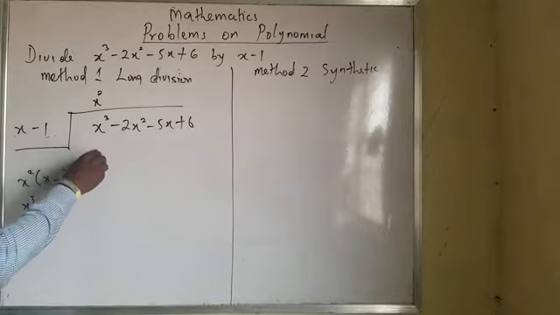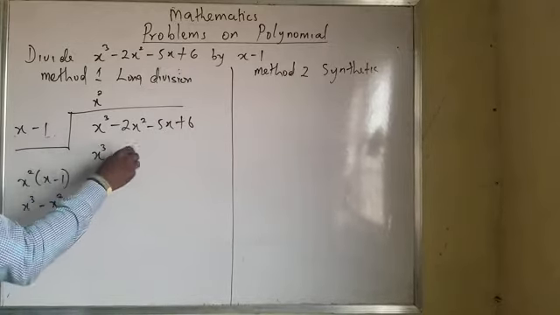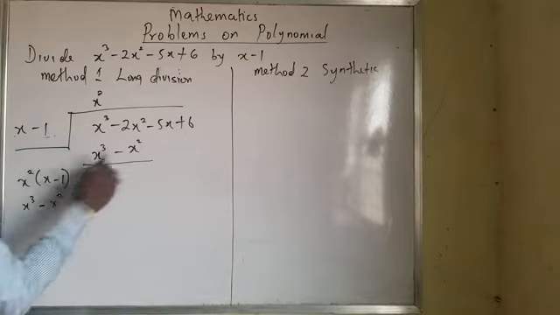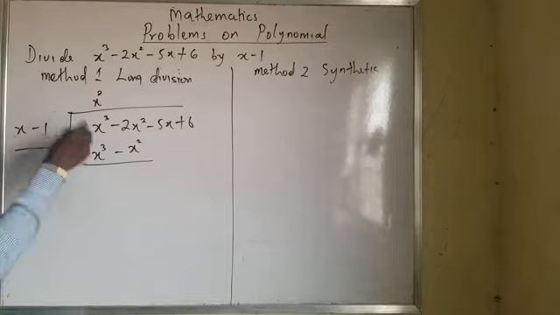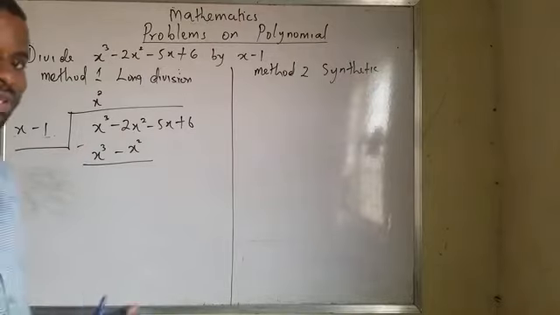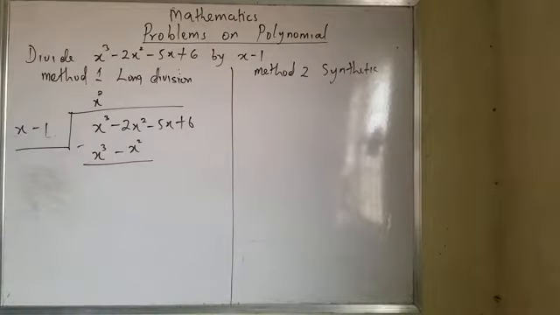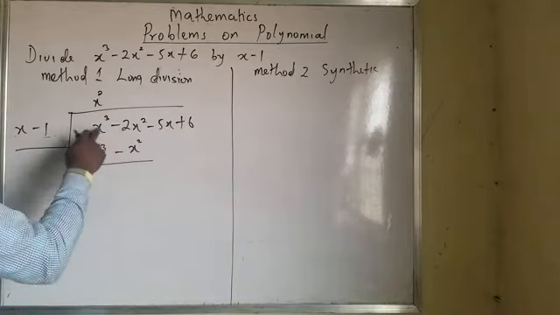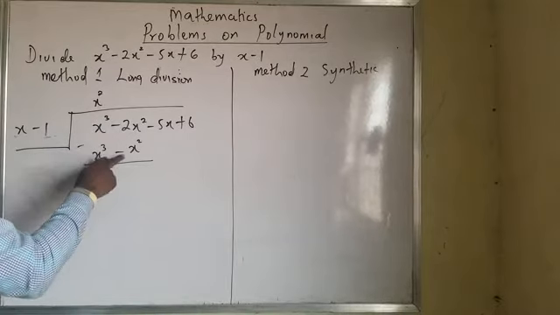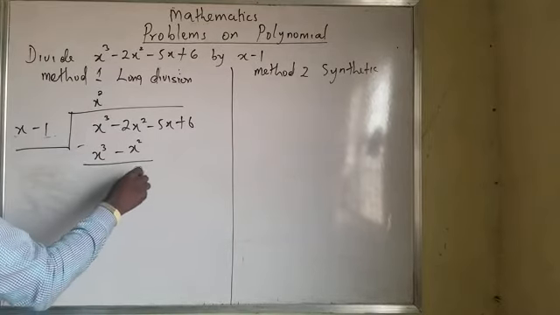You will now write x cubed minus x squared here, which I will subtract. Your aim is that the first item must cancel. This minus this becomes 0. Now, this minus this is minus x squared.